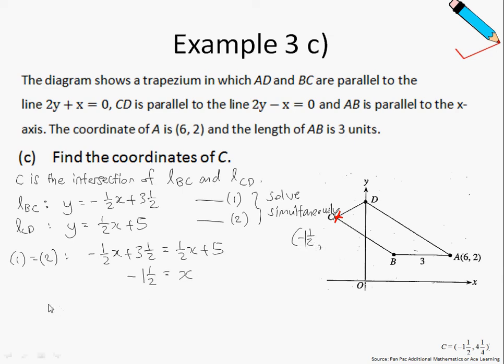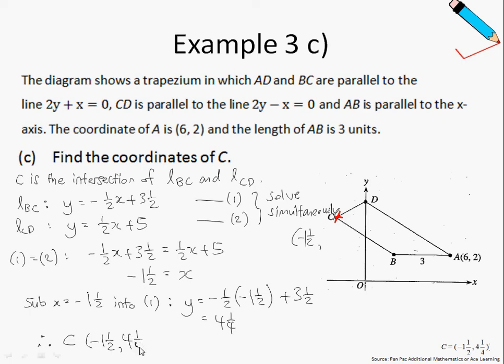Then sub x equals negative 1.5 into equation 1, I will get y equals negative half times negative 1.5 plus 3.5, which will give me 4 1/4. Therefore, the coordinates of C are (negative 1.5, 4 1/4). And there we have it, the coordinates of C.